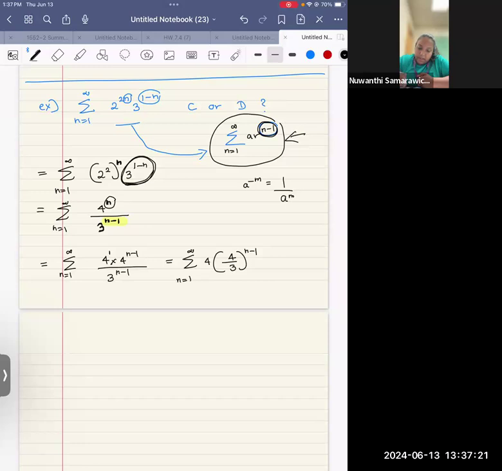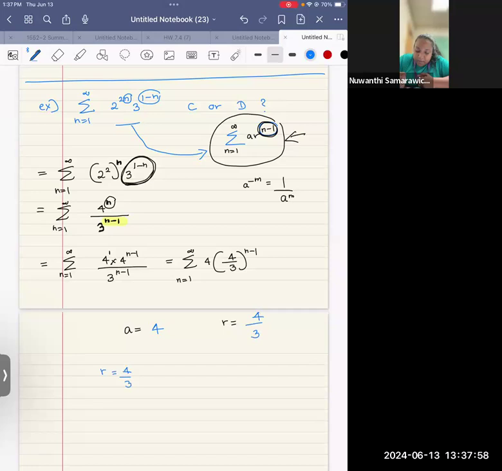So then what is A here? And what is R? What is A here? 4. Yes. R is 4 over 3, right? So R is 4 over 3.